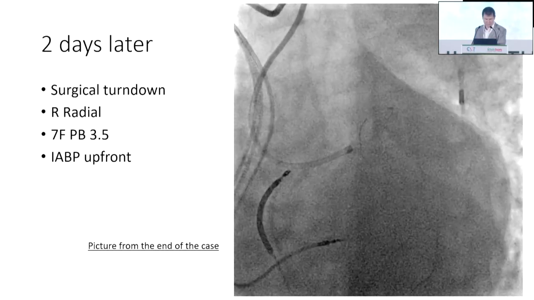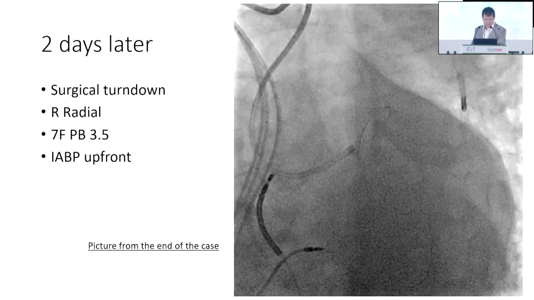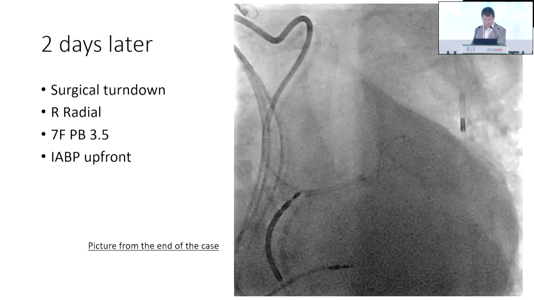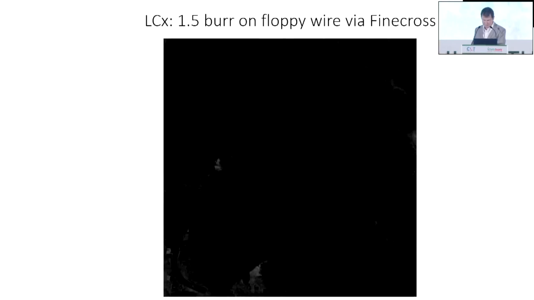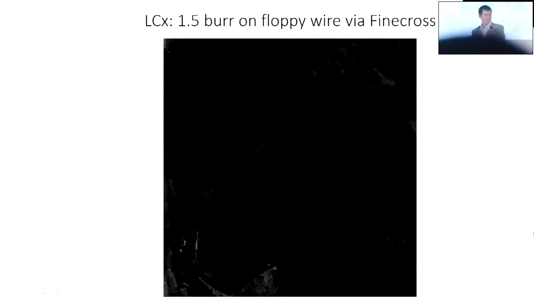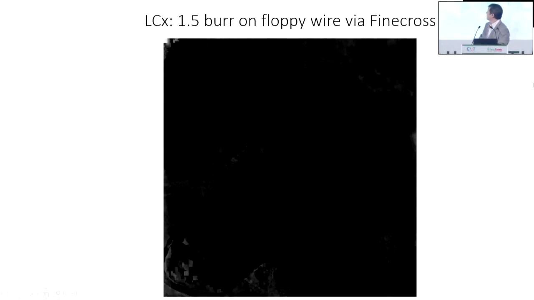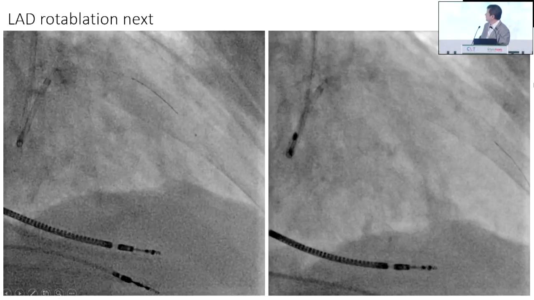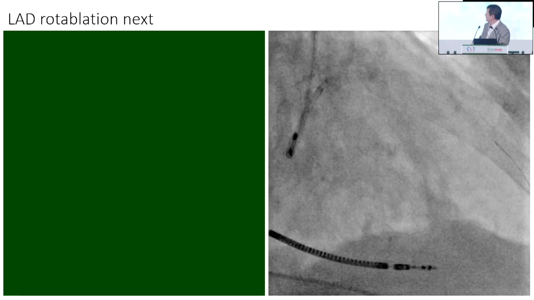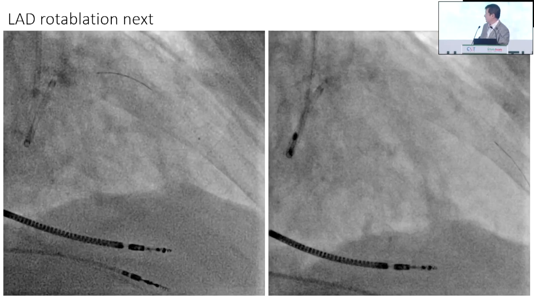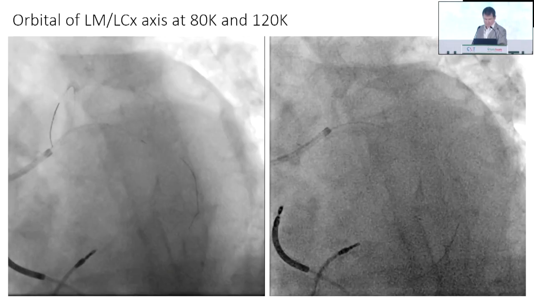I put a balloon pump, 7 French radial. It's very difficult. On laptop, it's working really well. I probably, for evening, I'll bring my laptop. But anyway, I'll explain to you.